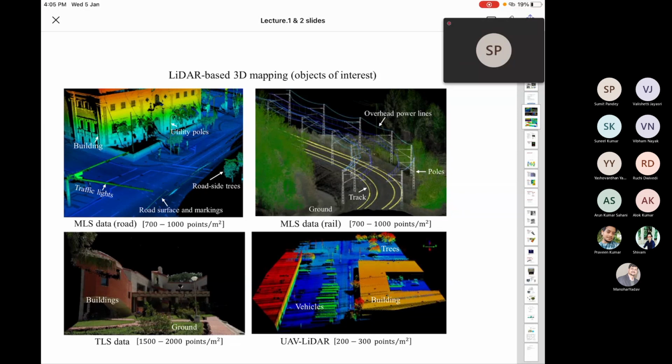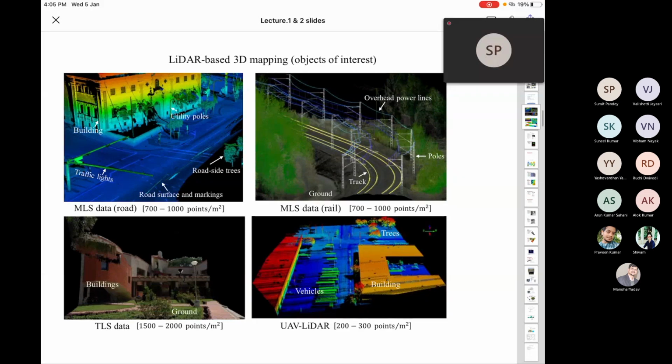Similarly, in the second case, data is acquired along the railway track. Third case, just see, this is a color-coded point cloud. It is acquired by a terrestrial laser scanner. It's not an image. It's a point cloud where each point has its original color. Okay.